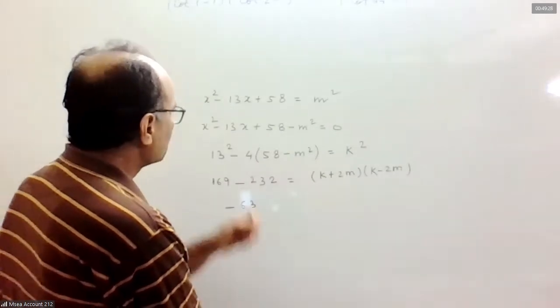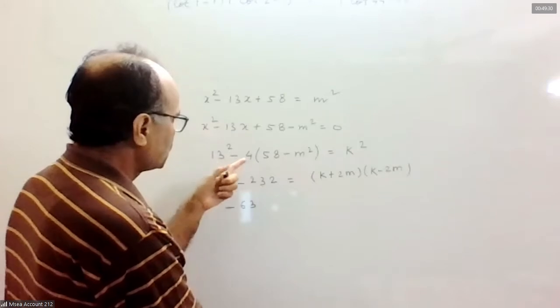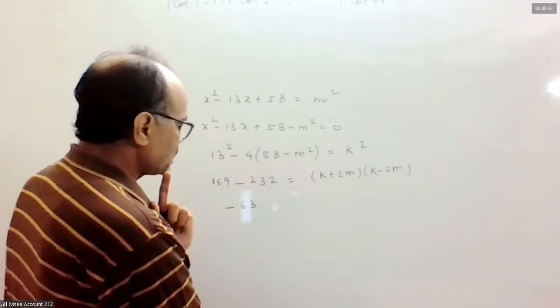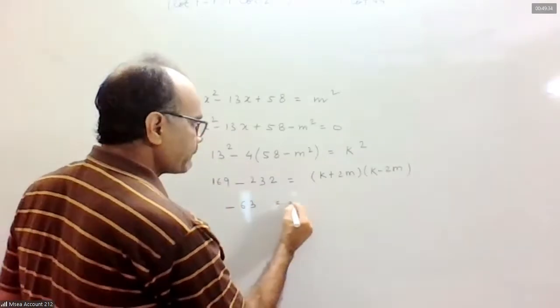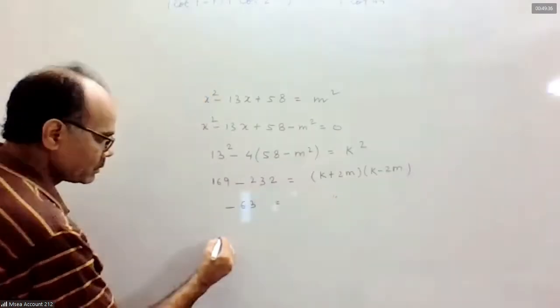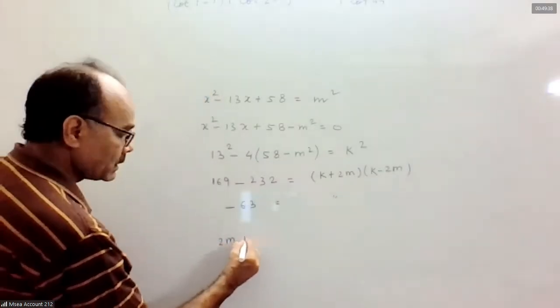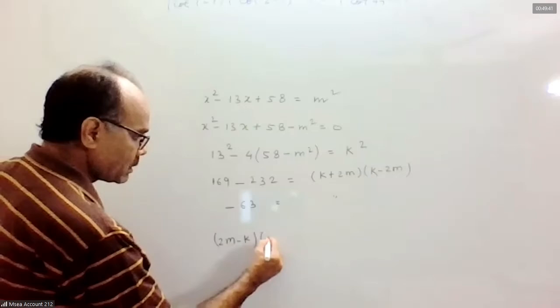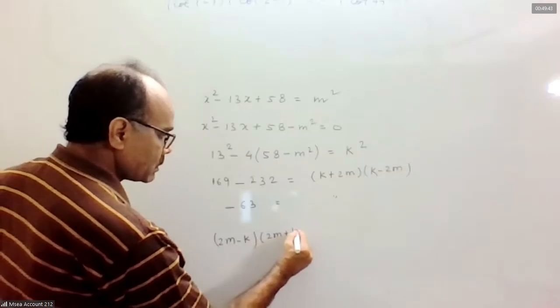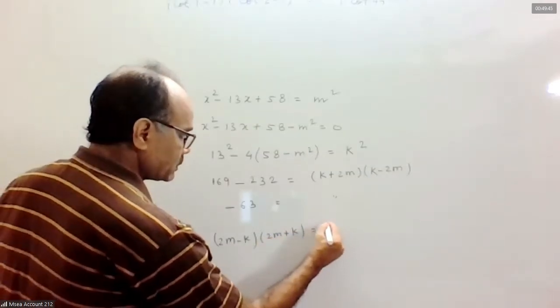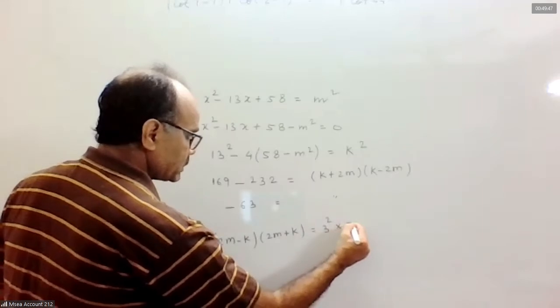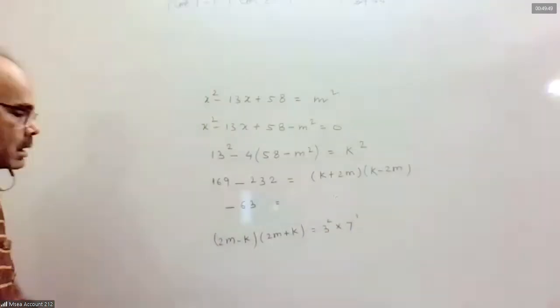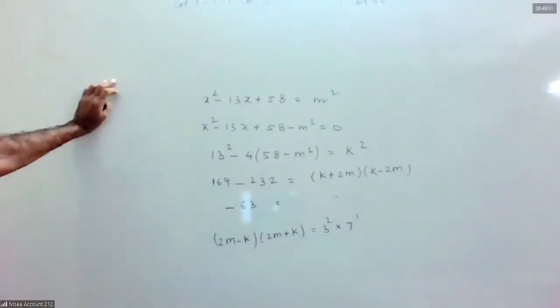Okay, this is fine. Is there any mistake in the calculation? No. So 2m minus k into 2m plus k equals 3 square into 7. So m and k are integers.